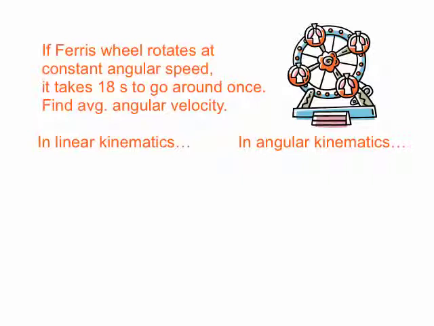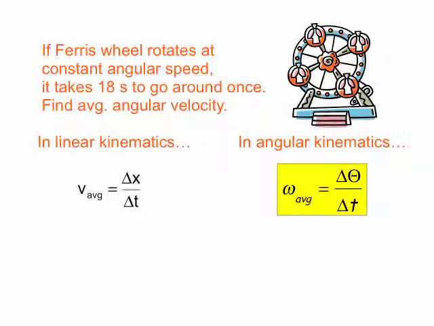If your Ferris wheel is rotating at constant angular speed, it takes 18 seconds to go around once. We want the average angular velocity. Now, in one-dimensional kinematics, when we did this, average velocity is displacement over time, right? Well, it's the same kind of thing in angular motion, only we call it angular velocity, being the angular displacement over time.